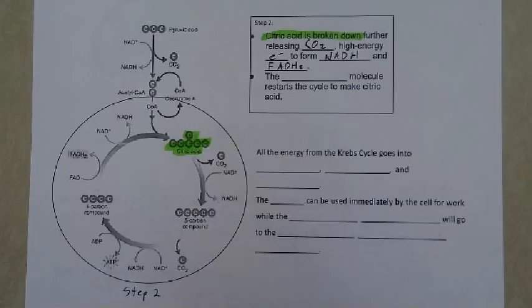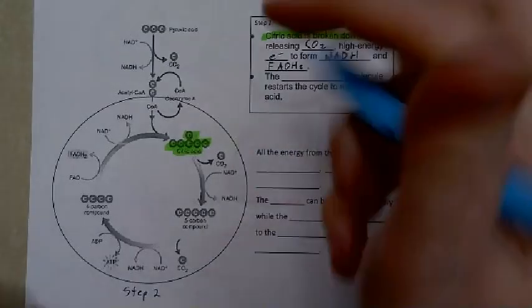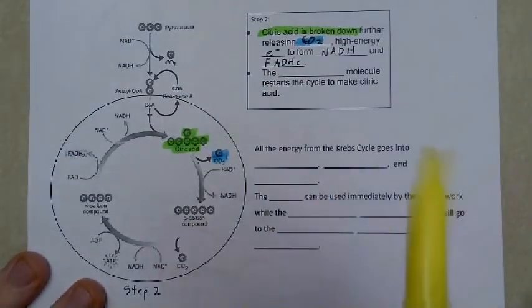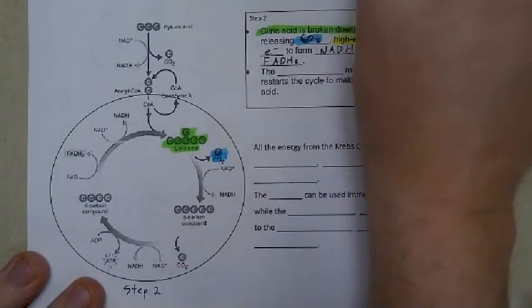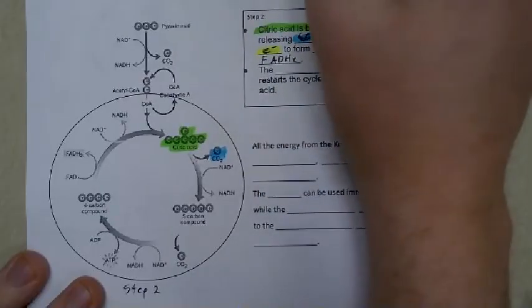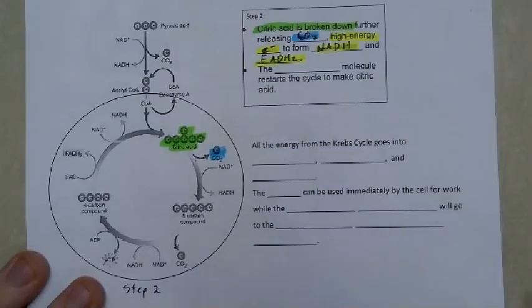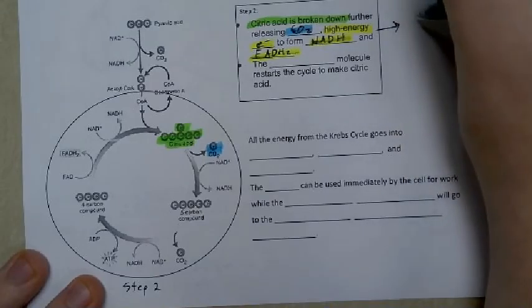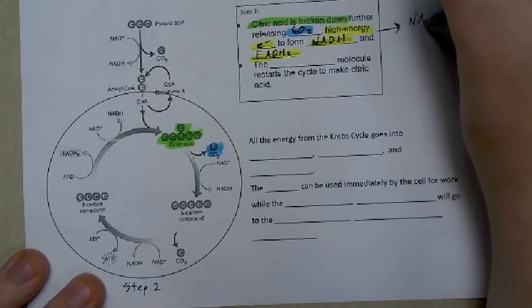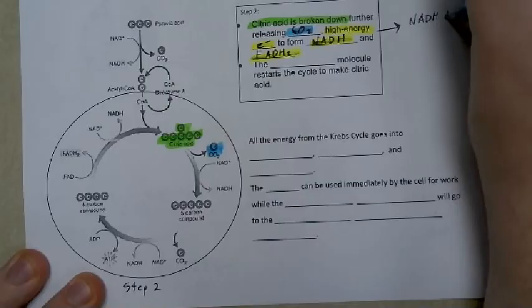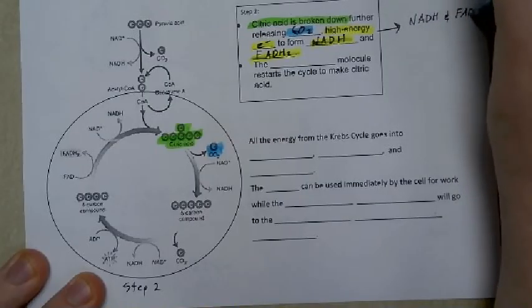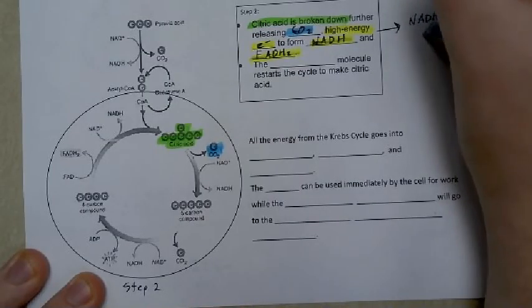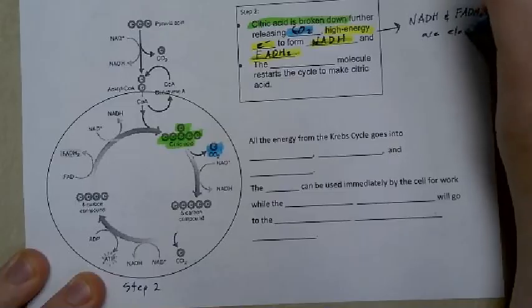So just to reiterate, we release carbon dioxide. Here I have it right here. When I did that, I'm going to get high energy electrons to form NADH and FADH2. And again, all these things in yellow, NADH and FADH2, these are electron carriers.